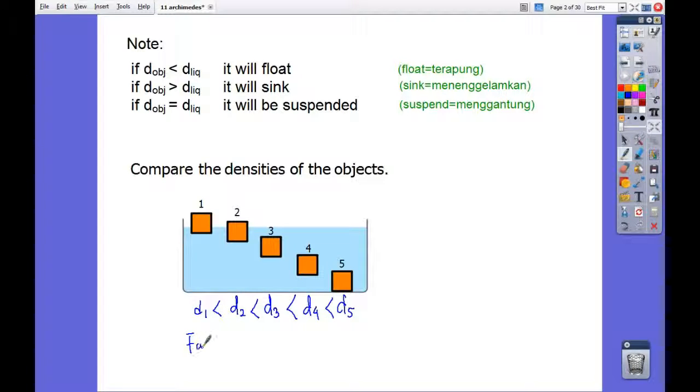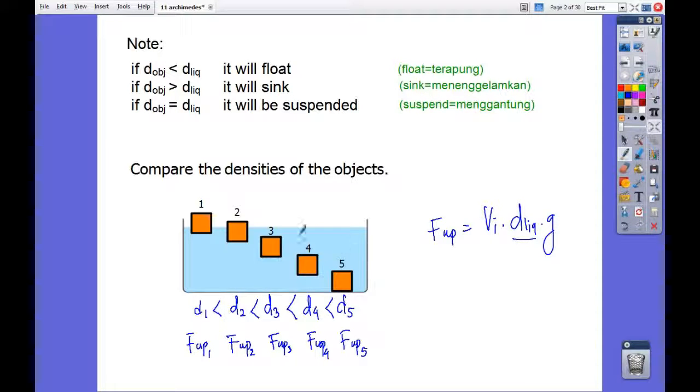Now, let's compare the upthrust force of each object. Upthrust force depends only on volume immersed, density of the liquid, and gravity. As you know, the density of the liquid is the same, assuming that the liquid is homogeneous, and the gravity is also the same.